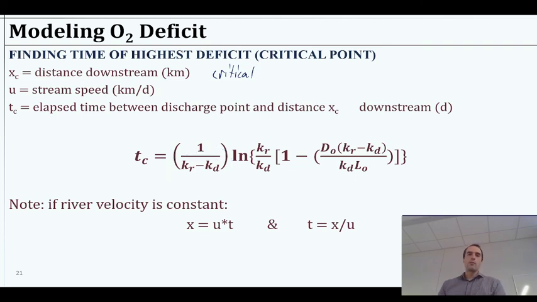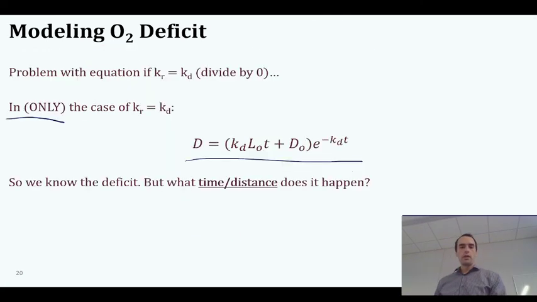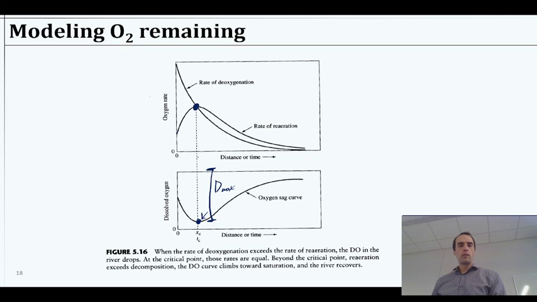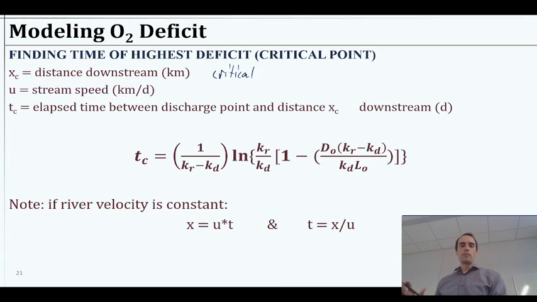That's not equal rates, right? The rates will equal at some point inevitably, like we saw on this graph. The rates do meet and they do become equal at that critical point, but that's different than the rate constants themselves.